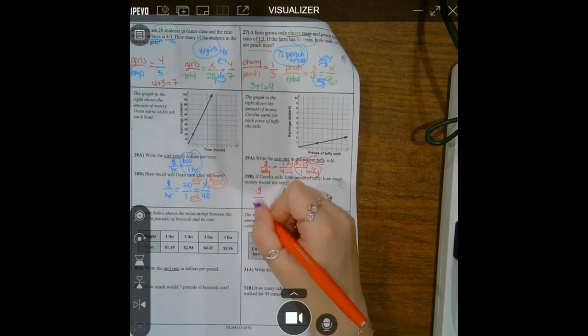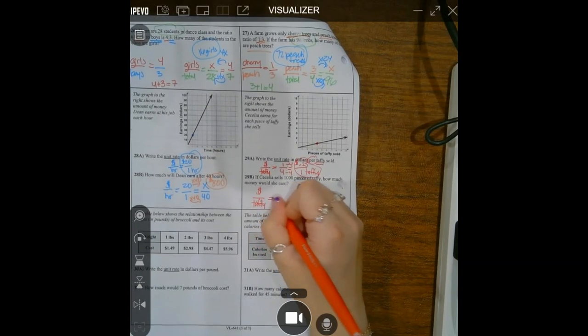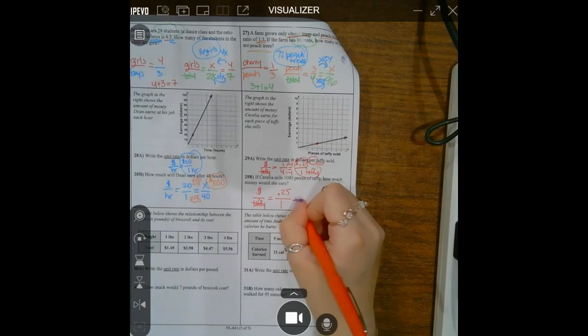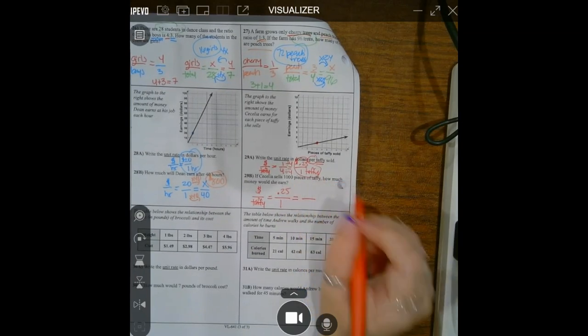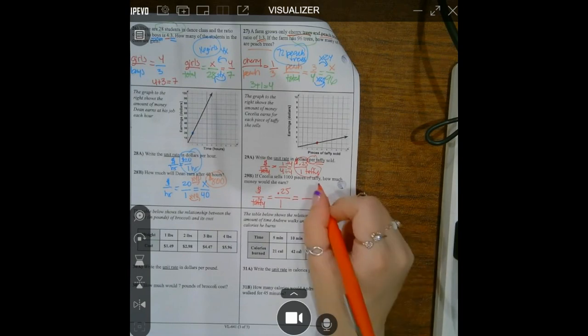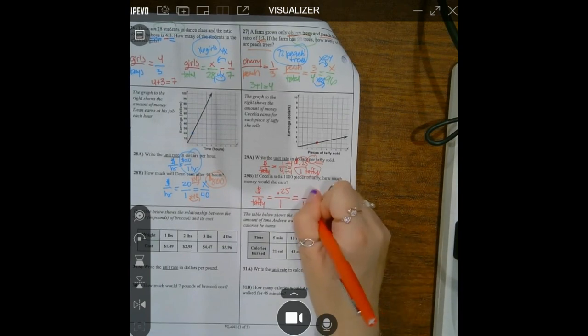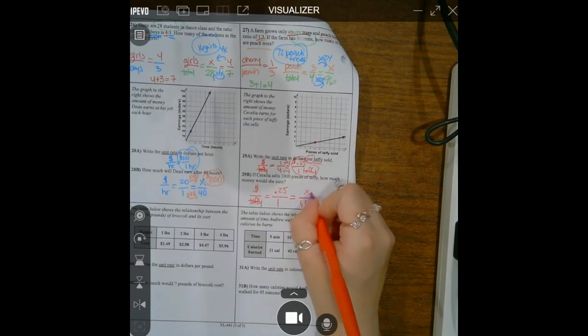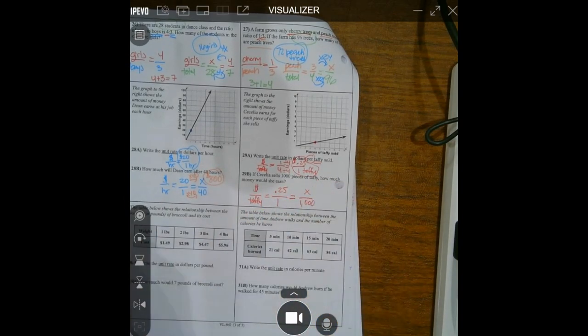Well, let's set up our proportion. Use that information, 25 cents for one. So then for 1,000 pieces, how much is it? Where do I put 1,000? Well, it's representing the number of taffy pieces, so on the bottom. And then we're going to solve for the money amount. So my variable is with the money, because that's what I'm solving for.